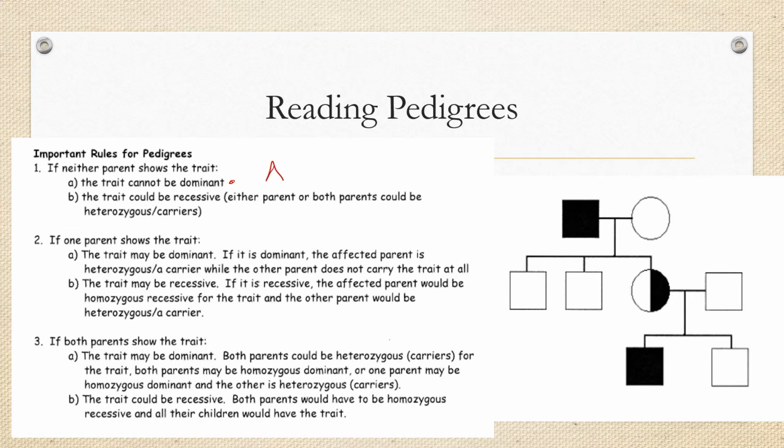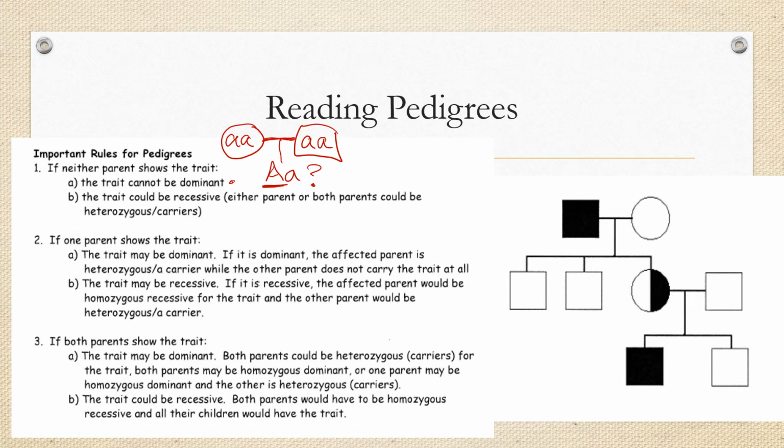If I have a trait and it's dominant, and let's say I'm big A, little a, and I'm looking at my parents, one of my parents had to give me a little a, and the other had to give me a big A. But if both of my parents do not have the disorder, then how can I end up with that big allele? I can't. It's not possible. The only way for a child to have the trait when the parents do not is if it's recessive. So we say that recessive skips generations.